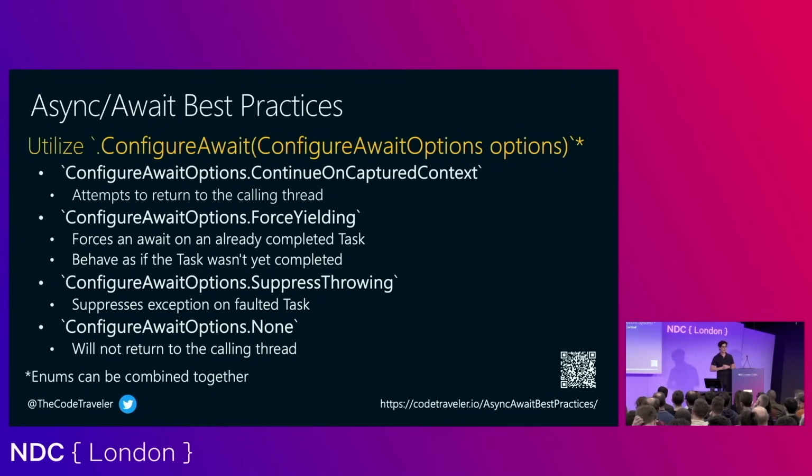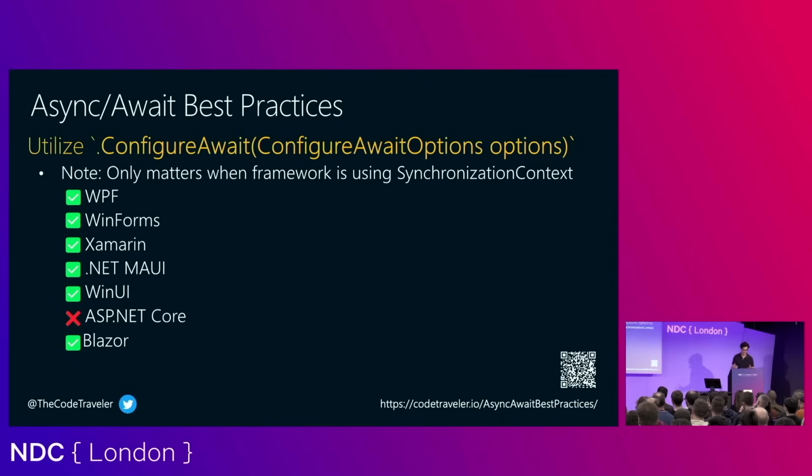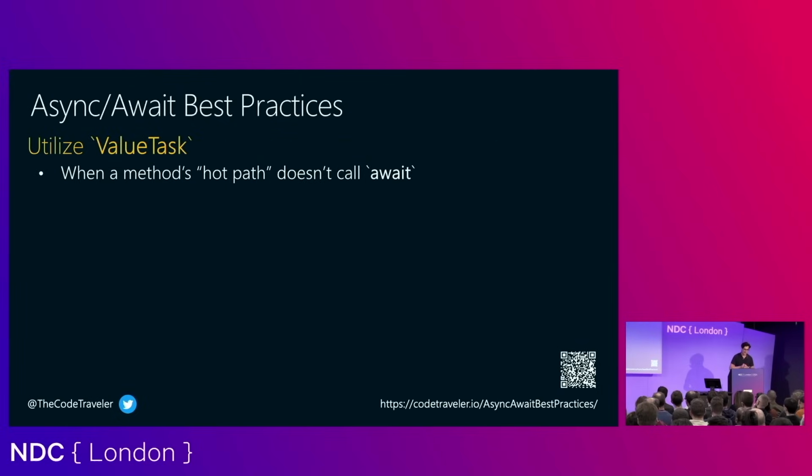We can also say ForceYielding, which will force the thread switch even if the task is completed. And then there's also SuppressThrowing, which terrifies me and I would love to know why and when anybody would want to use it. And again, same caveat, it still requires a synchronization context. And so ASP.NET Core, you're the odd man out because you don't have one.